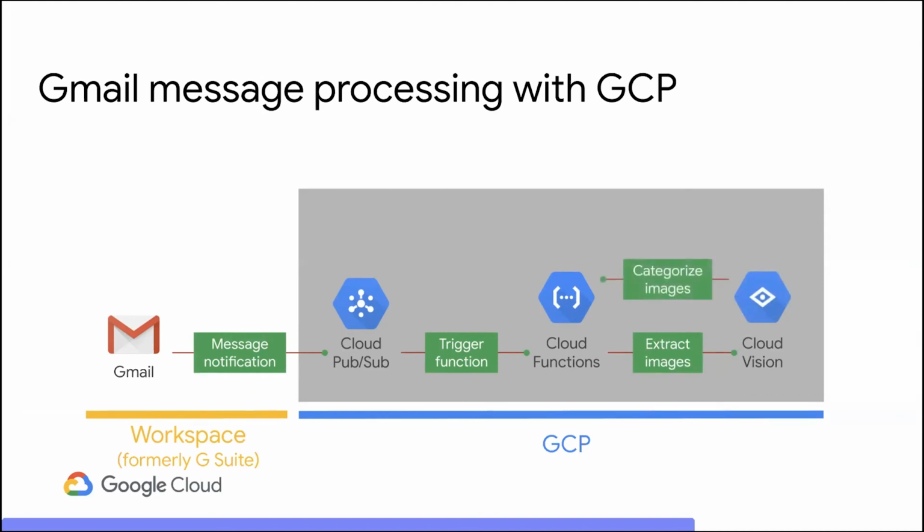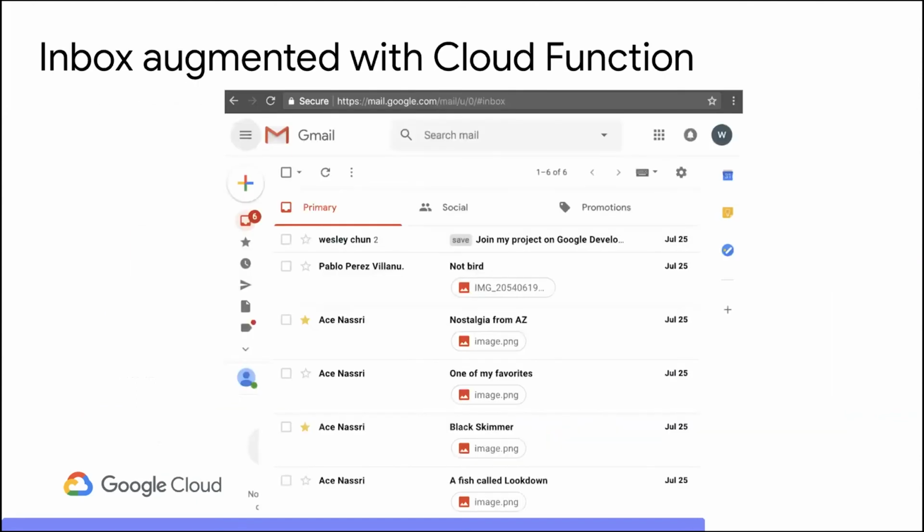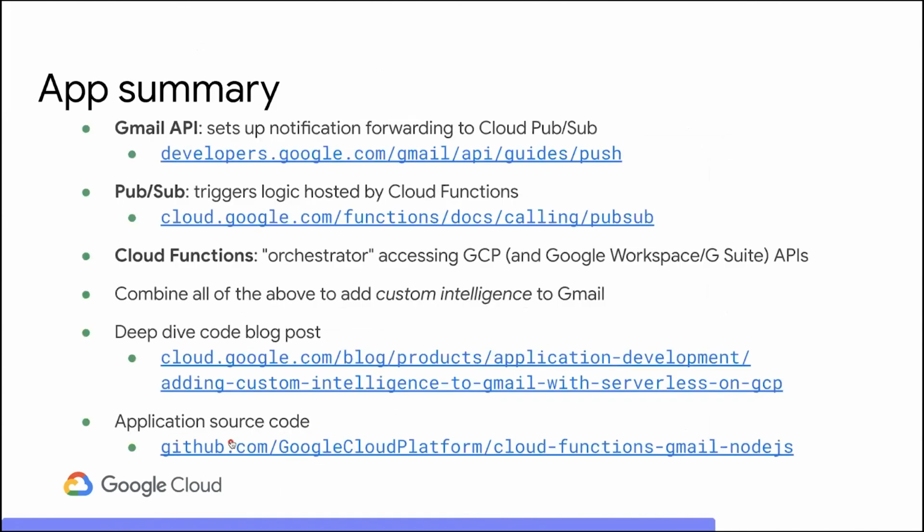And then if bird is one of the labels that comes back, then I'm going to star that message, so that without running any code explicitly, the next time he logs into Gmail, he'll see that some of his email messages are starred because there are pictures of birds in the attachments. So that's another example. So Gmail API, PubSub is used, Cloud Functions. You can read more about this example in his blog post or go straight to the code as well.